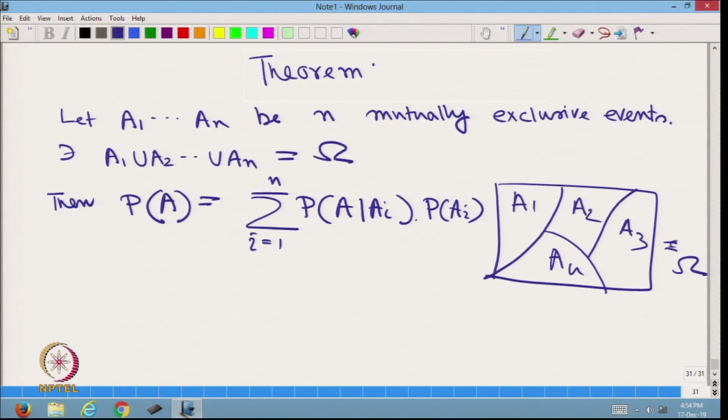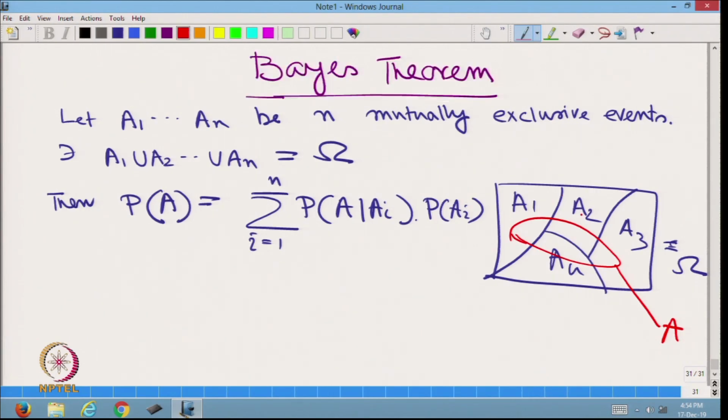In this case, with respect to this example, suppose my event is this, this is my A, then probability of A is going to be probability of A given A1 multiplied by the probability of A1, probability of A given A2 multiplied by the probability of A2, and like that others.